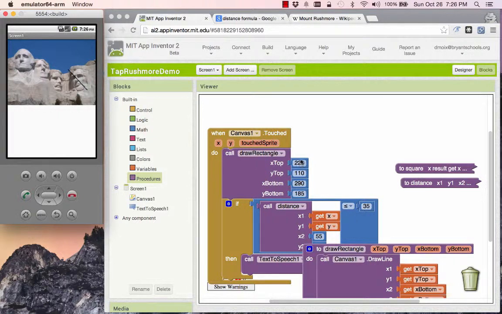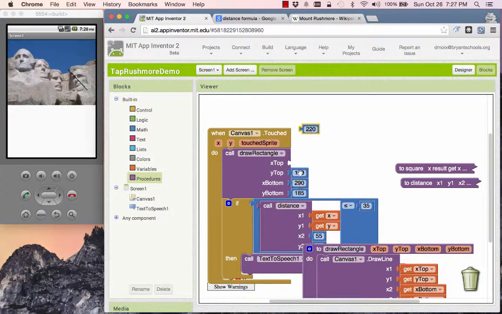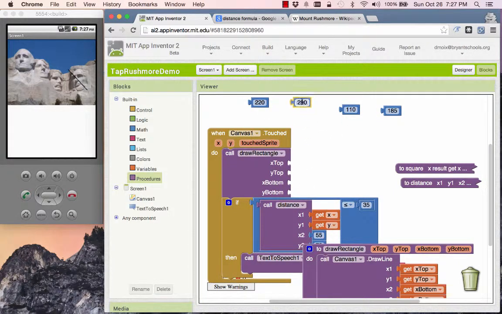So is it between this y value and this y value in the y direction, and between this x value and this x value in the x direction? So is our click between here in the x and between here in the y?